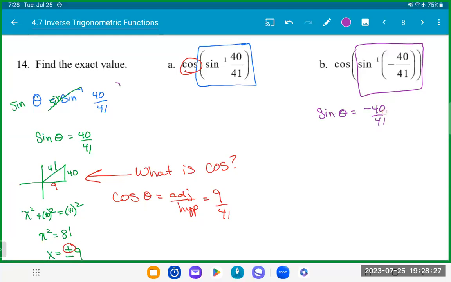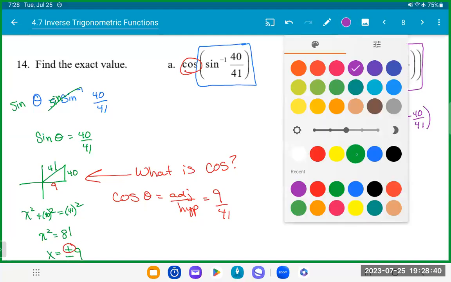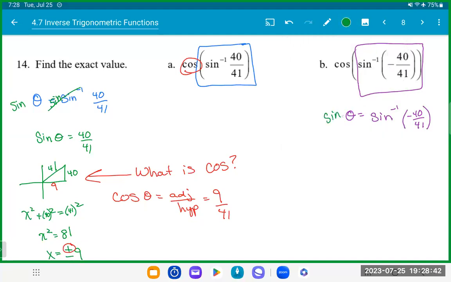I skipped a step. We have that theta is equal to sine inverse of negative 40 over 41. We're going to take the sine of both sides.